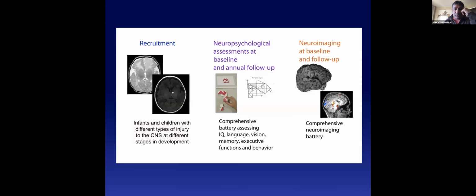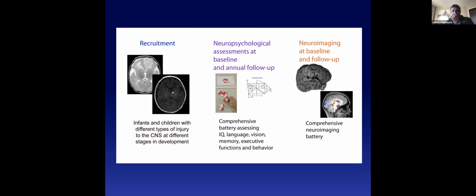And we do recruit these patients at different time points. We do assess them with different types of neurodevelopmental testing. Obviously, the assessment of an infant, where we do Bayley's and other kinds of testing, is very different from our older kids, where we're using the Toolbox.